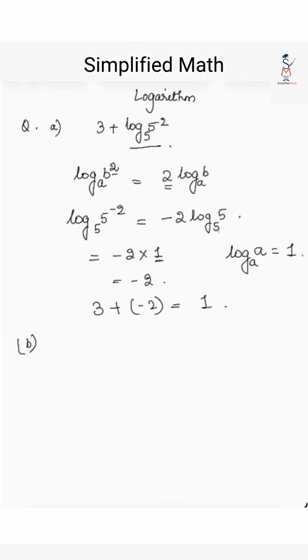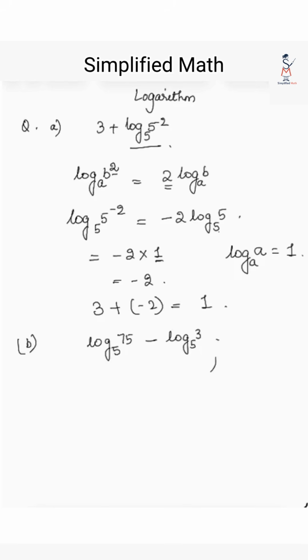Fine. Now we will see the B1. Find the value of log 75 to the base 5 minus log 3 to the base 5. Now here also we will apply another rule of log.